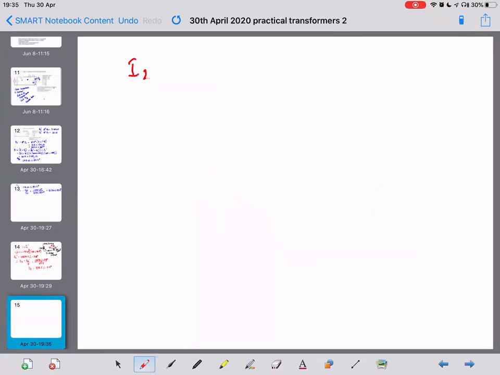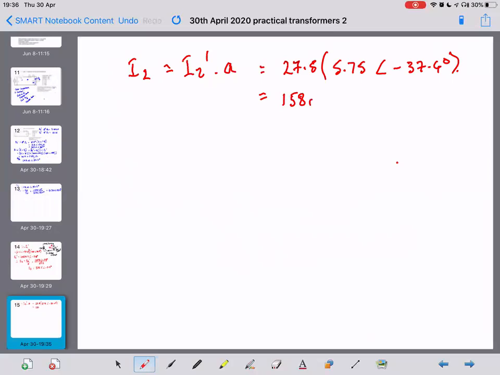So we can say I2 is equal to I2 dash times A, which is 27.5 times 5.75 angle minus 37.4 degrees. When I multiply that out, there's 158 amps angle minus 37.5 degrees.